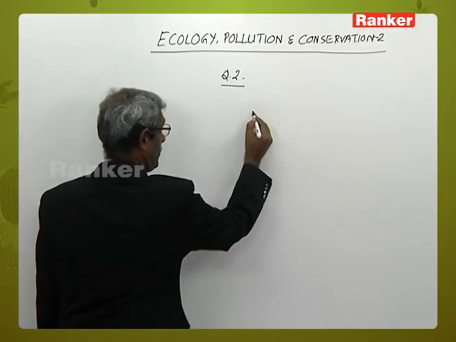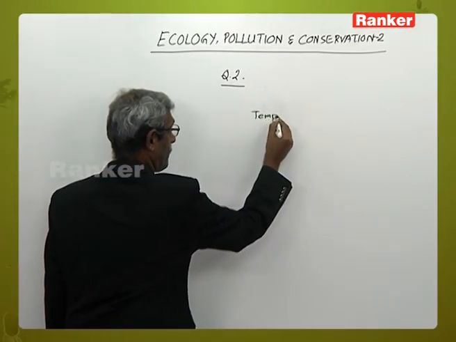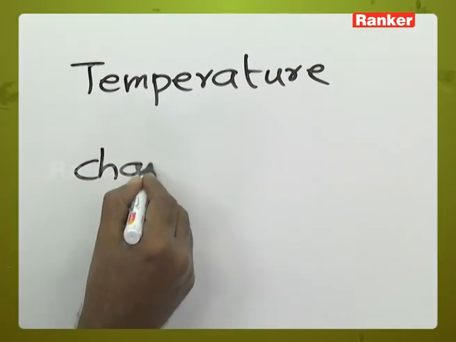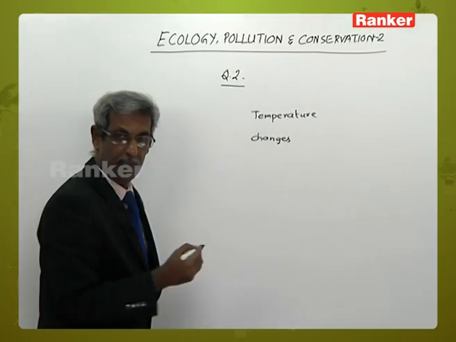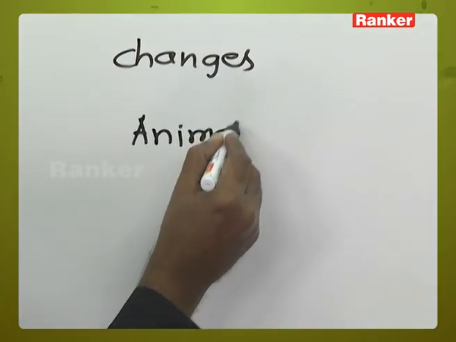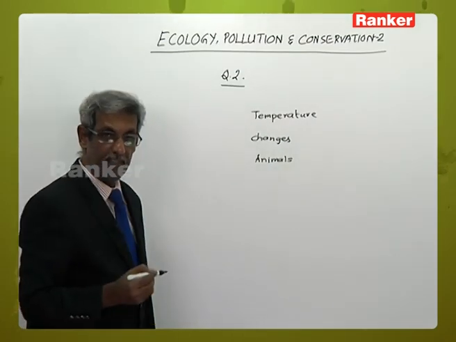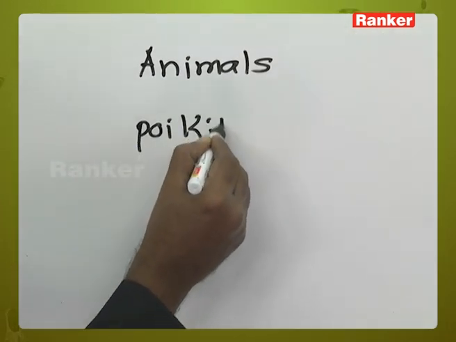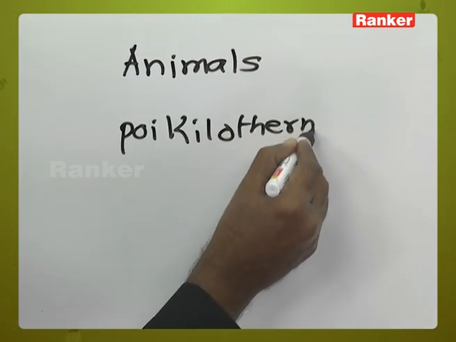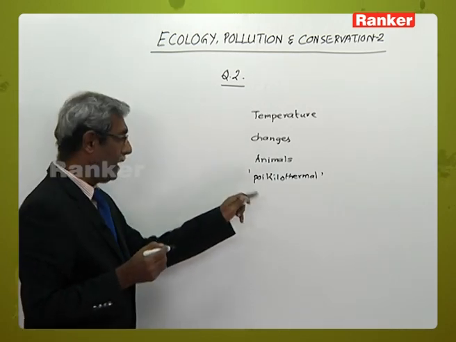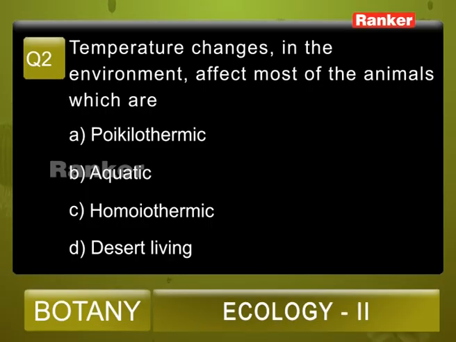Whenever we are talking in terms of temperature and changes in temperature which affect animals, most of the species in the animal kingdom are poikilothermic, that is, which can seasonally adjust initially when they are subjected to any sort of variations. Hence, among the choices, the answer is A, that is poikilothermic.